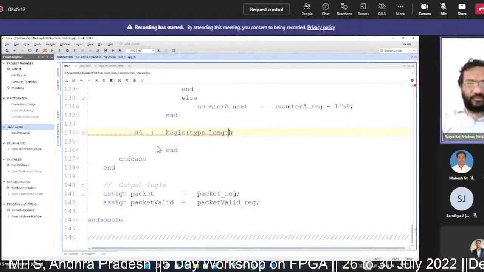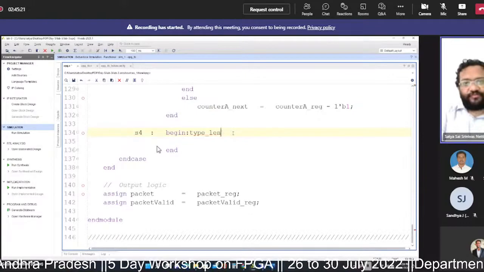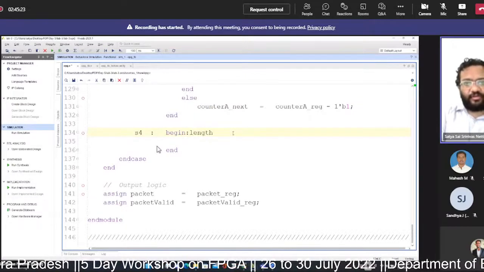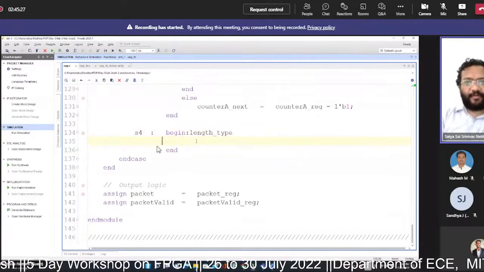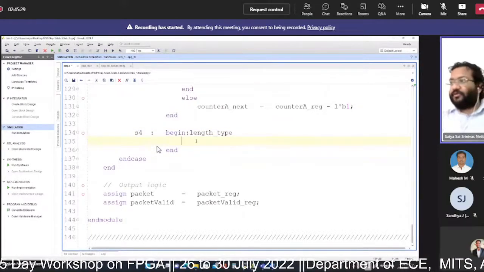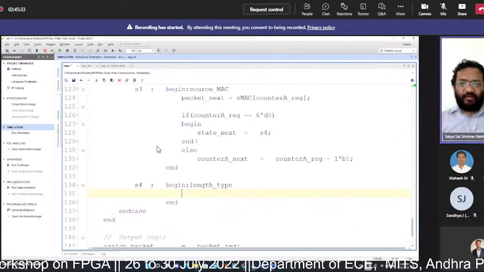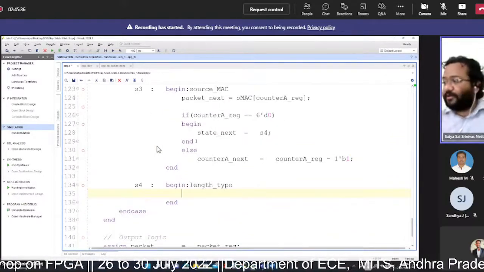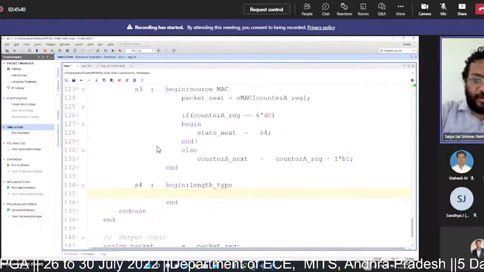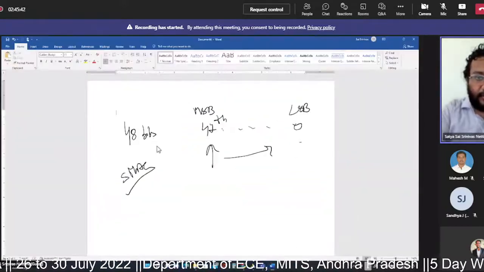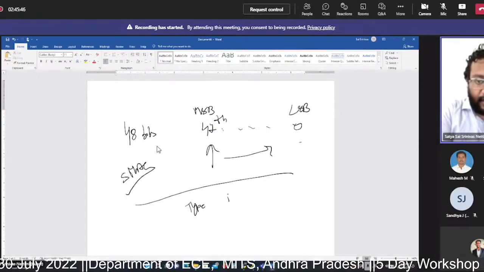So I'm just using it, and again I assume that my module gets the type information via an input.